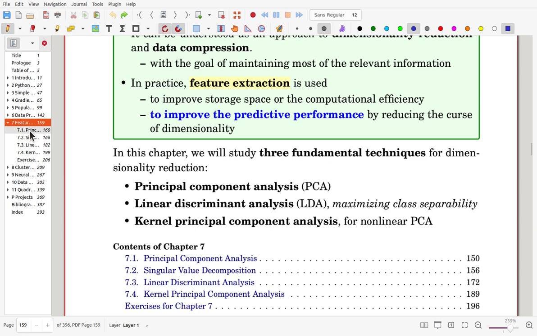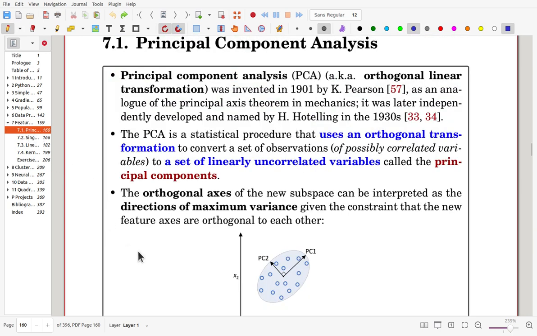Let's go to section 7.1, principal component analysis, PCA. The PCA is a statistical method that uses an orthogonal transformation to convert a set of observations to a set of linearly uncorrelated variables called the principal components.